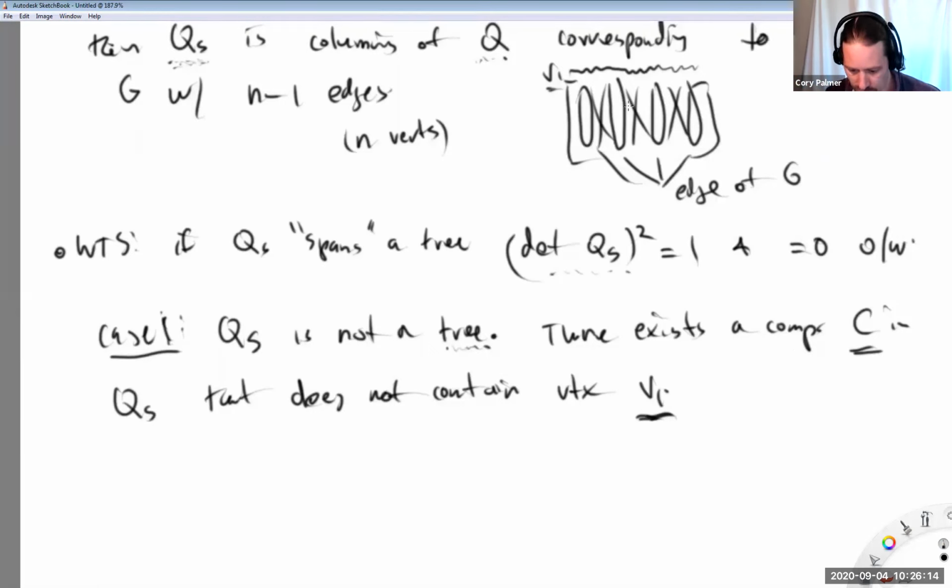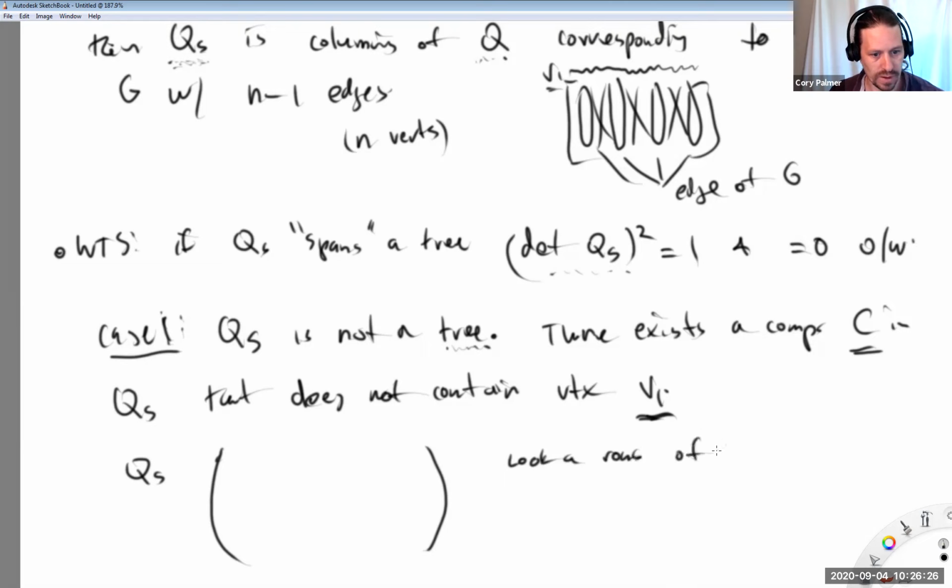So now, let me actually draw the picture here. This is, say, Q of S, and look at the rows of Q of S corresponding to vertices in the component C. C doesn't contain V1, so this missing row doesn't come into play at all, fortunately, because it doesn't even exist in the matrix.